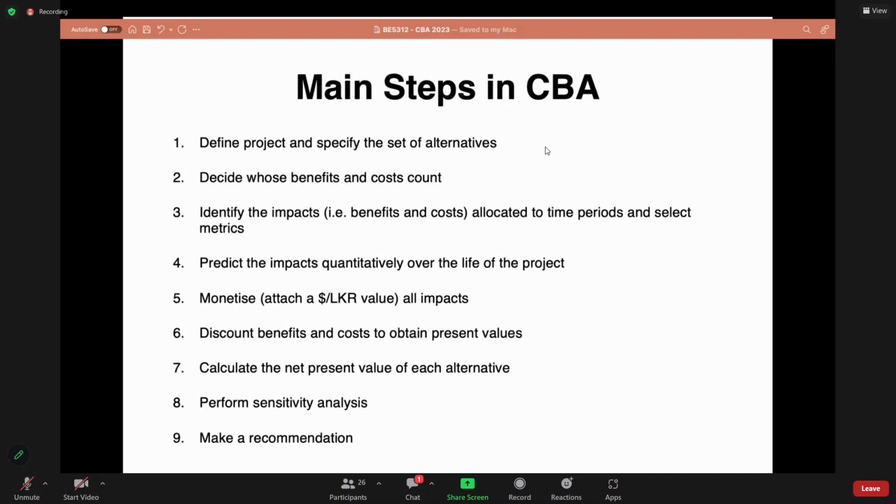Do you all have access to your Moodle platform for this particular module, the project appraisal module? Yeah. Because I just went there and there was nothing there, so I didn't upload anything. Okay, then what I can do is, I have a couple of CBA reports with me which have been undertaken for actual projects.